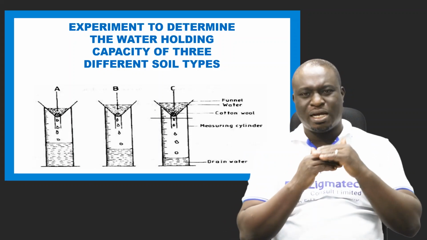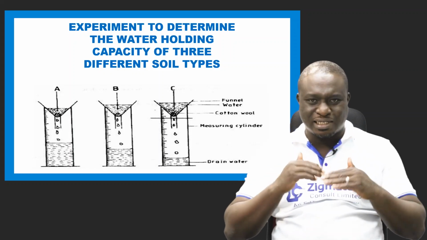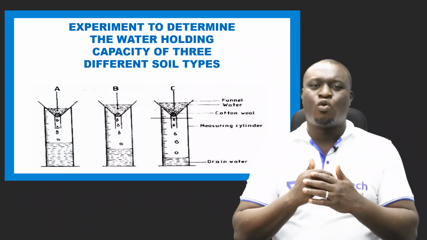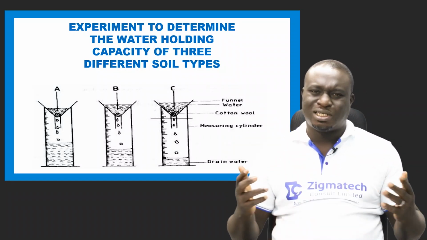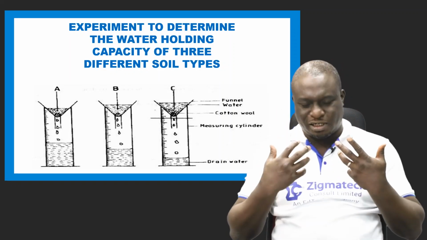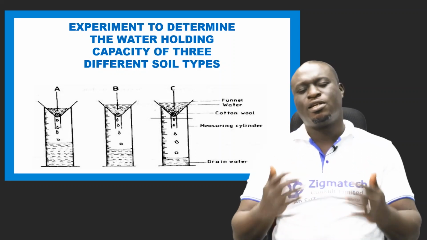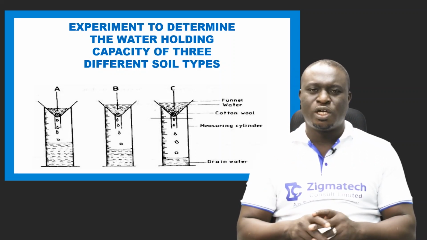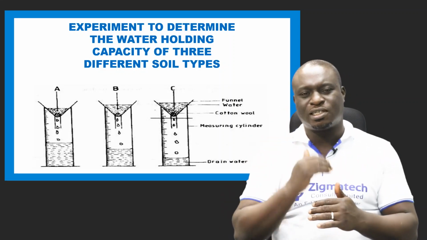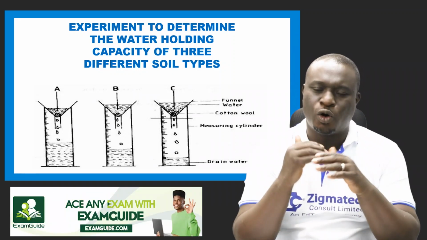Then we also have the methods, which includes the step-by-step activities that are involved when carrying out the experiment. And then you have your observation. The observation is what you see or what you discovered when carrying out those procedures or methods. And then you have your conclusion, which is the final step to your records. And please take note, your conclusion must be the same as your aim.